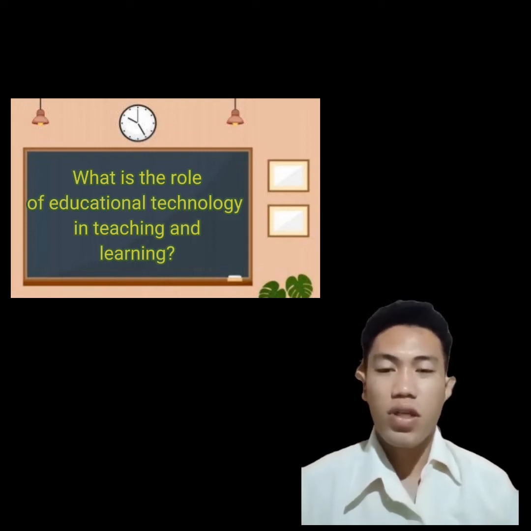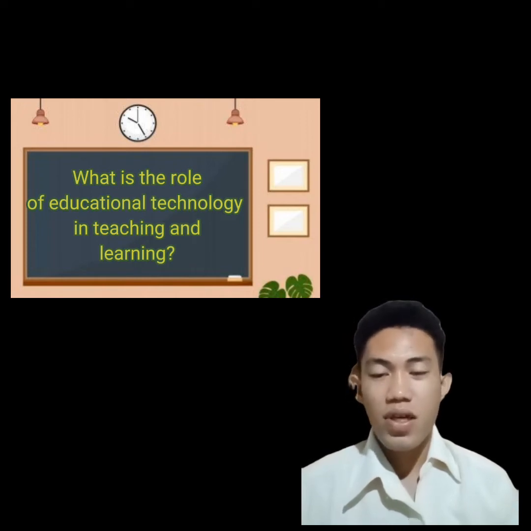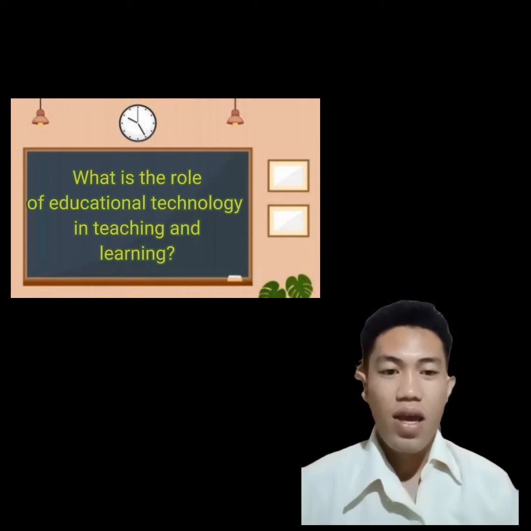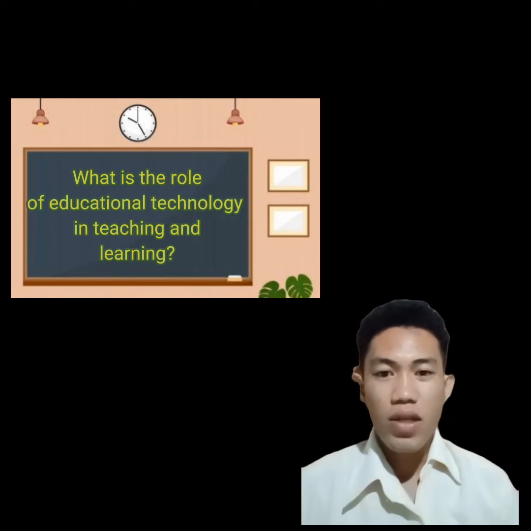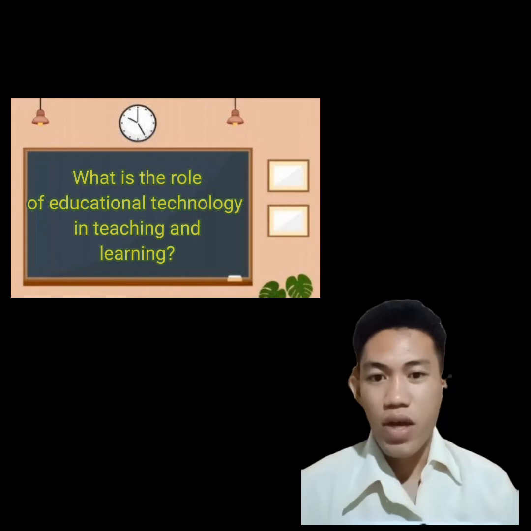So educational technology is very important because it helps the teachers provide instructional materials for their lessons, and it helps the teachers connect to the students while they are apart or remotely in another area.